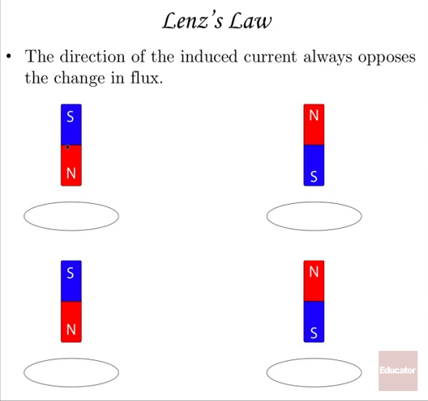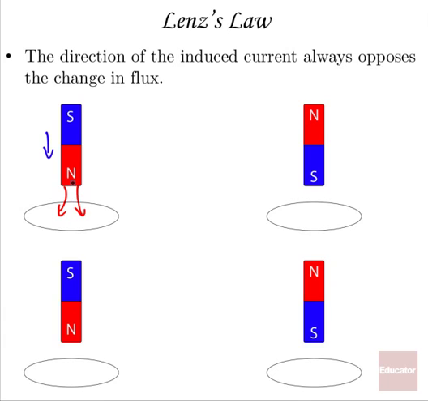Here we have a magnet, and we're going to put it through a loop of wire. And let's assume that our magnet, we're moving it downwards. Well, the flux from our magnet, remember the magnetic field is going to run from north to south. So coming out of the north, we have our flux going that direction. And as it gets closer and closer, what's going to happen due to the magnet moving this way?